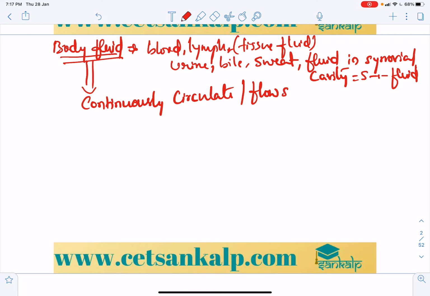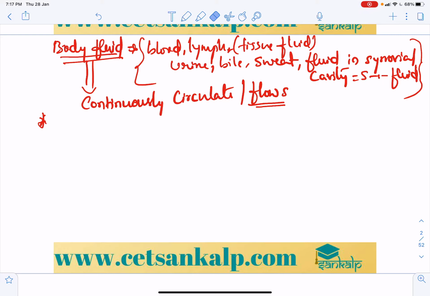So circulation means the flow of body fluid within the body. We consider the circulatory system as constituting all those organs together, and the flow of the body fluid.